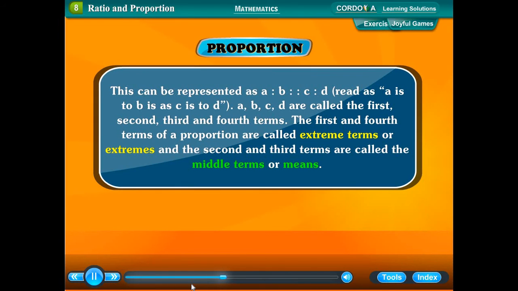This can be represented as A:B::C:D, or read as A is to B as C is to D. A, B, C, D are called the first, second, third and fourth terms. The first and fourth terms of a proportion are called extreme terms or extremes. Second and third terms are called the middle terms or means.